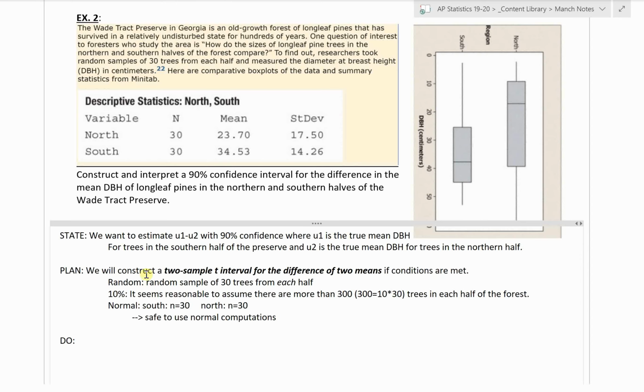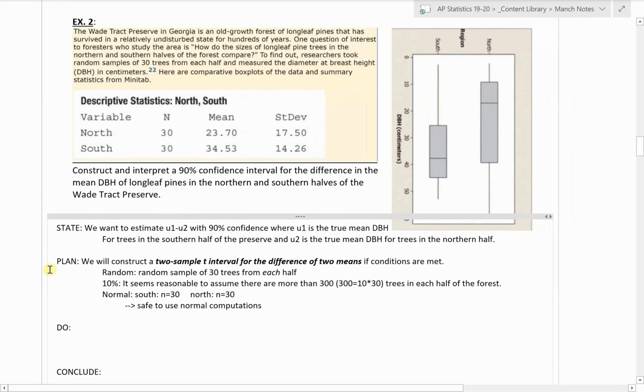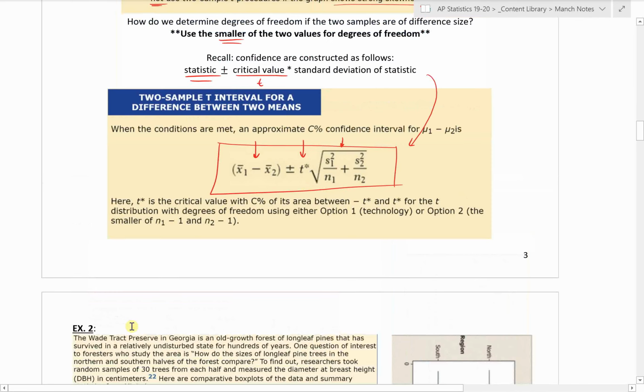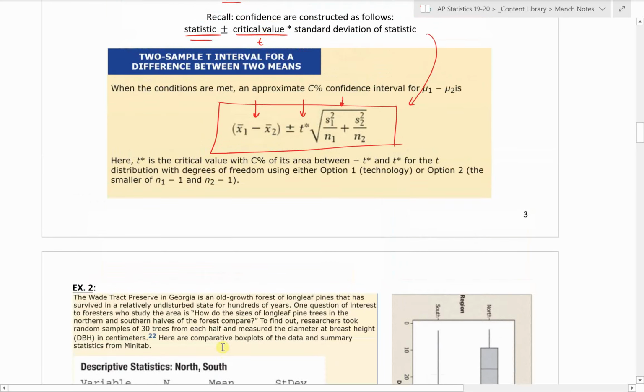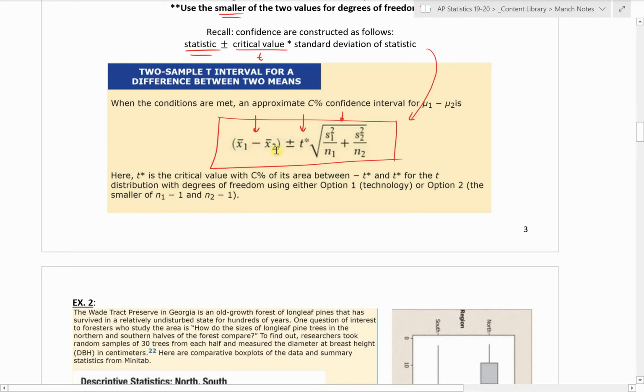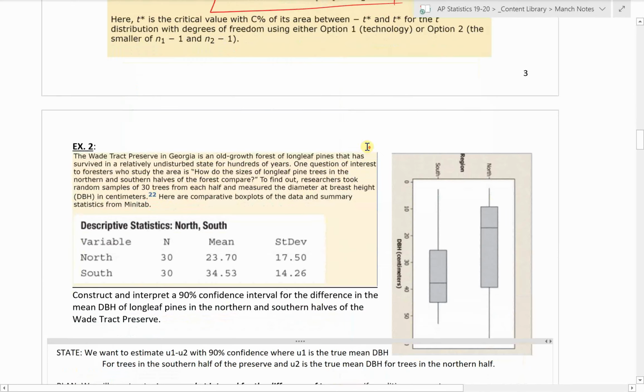Okay, so we've checked our conditions. Now we're ready to actually do the process here, constructing the confidence interval. If you're feeling ambitious, you can compute it all very carefully using the formula that was given above. The t-value is found using the 90% confidence level in the t-table that we saw in our reference sheet back in chapter 8, and you can just plug in everything here. But you'll notice that gives us a lot of different computations and substitutions, and a lot of opportunities for error.